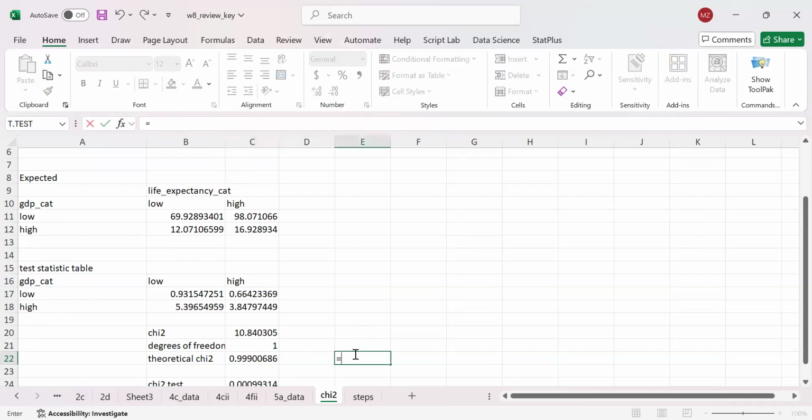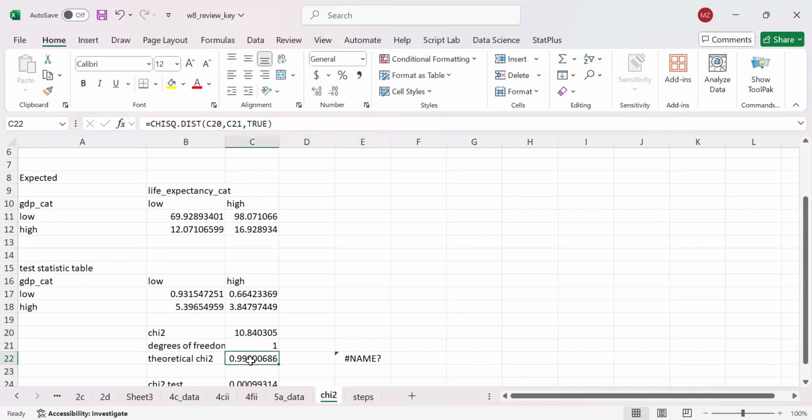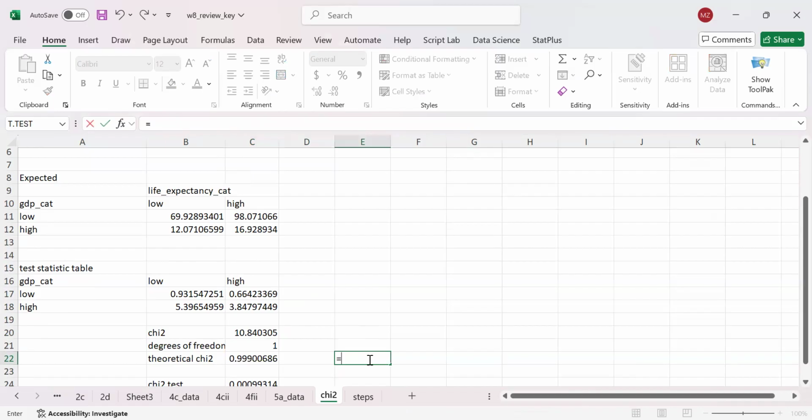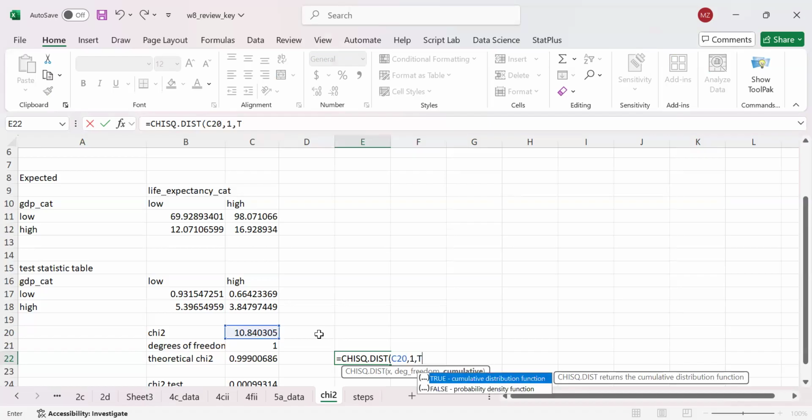So you use the formula chi-square distribution. It takes three inputs. First is your x value, which is your actual calculated chi-square, then your degrees of freedom, and for cumulative, you want true. So you put in true, and you'll get this.